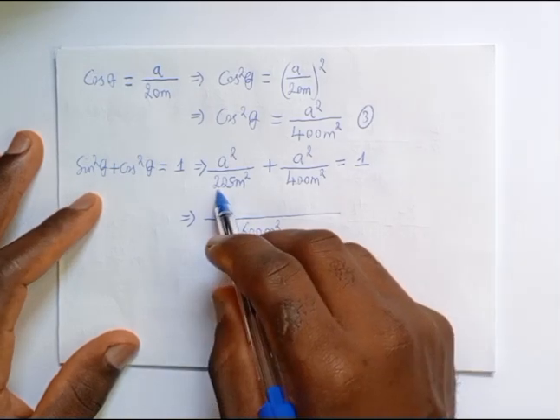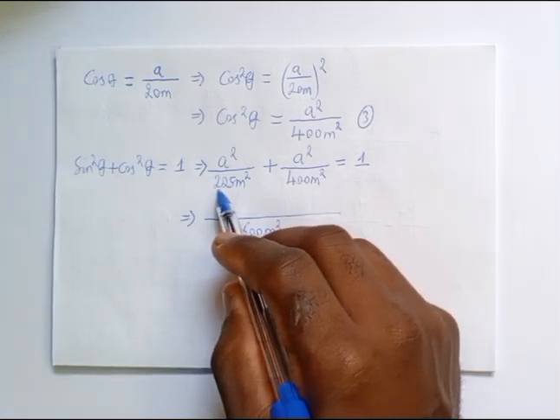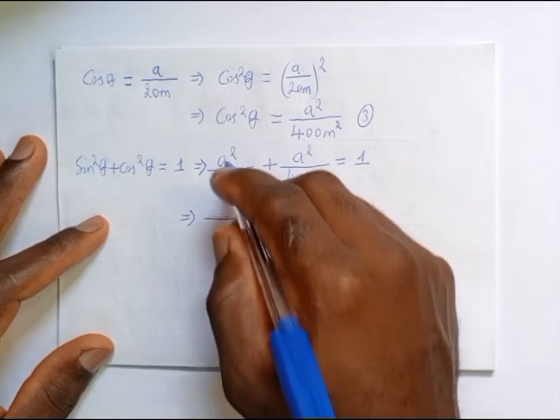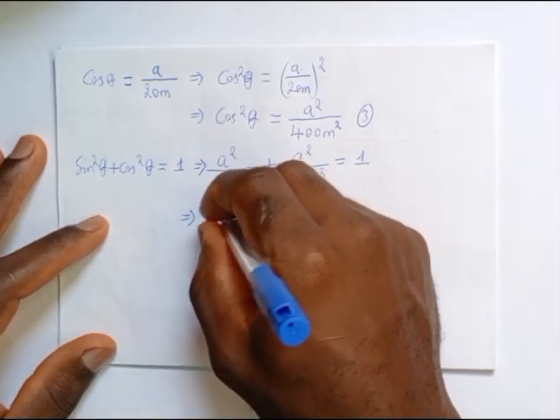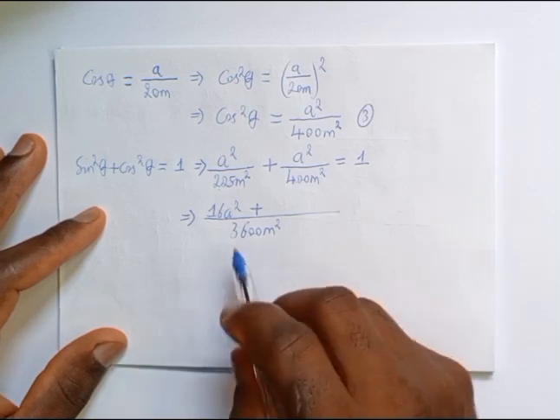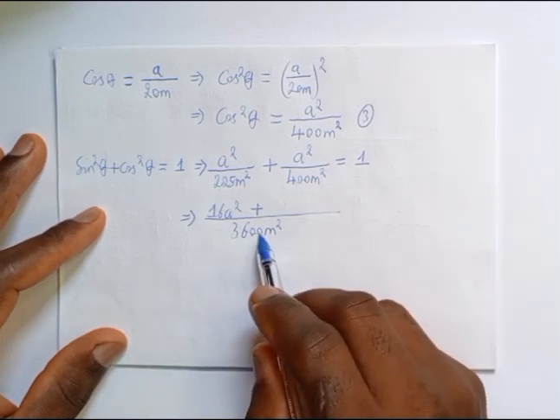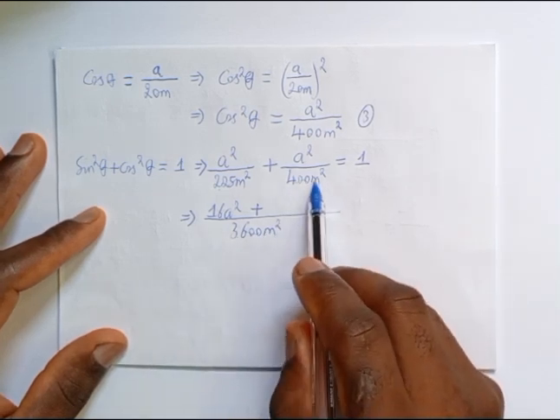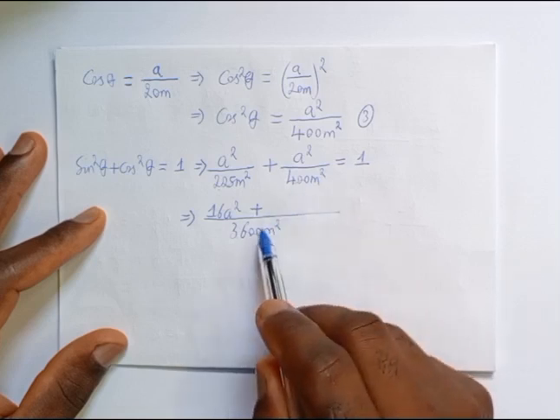3,600 meters squared divided by 225 meters squared gives us 16, times A squared gives us 16A squared, plus 3,600 meters squared divided by 400 meters squared.